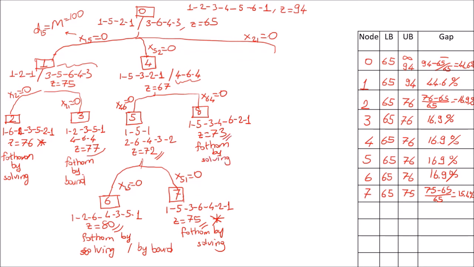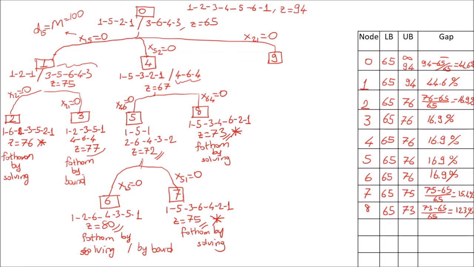And when we compare this Z value with our previous incumbent, which is 75, we see that this is better. So in node number 8, the lower bound is 65. The upper bound appears to be 73, and the gap value is 73 minus 65 divided by 65, which is 12.3%.